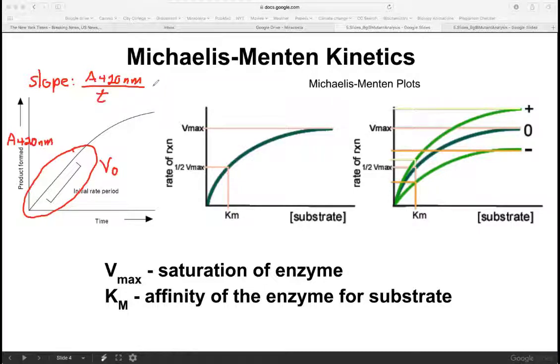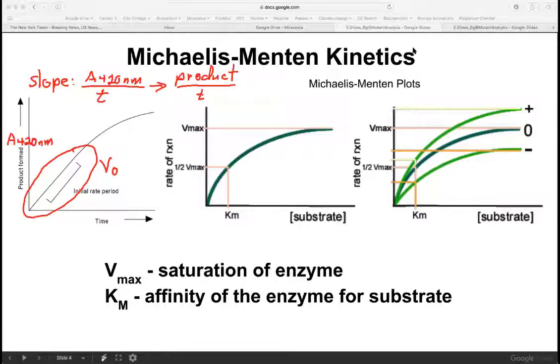But that can very easily be converted into an amount of product over time. So we're measuring enzymatic activity as the amount of product formed per unit time. Then we can take that a step further and measure specific activity by correcting for the amount of protein that's in the assay.